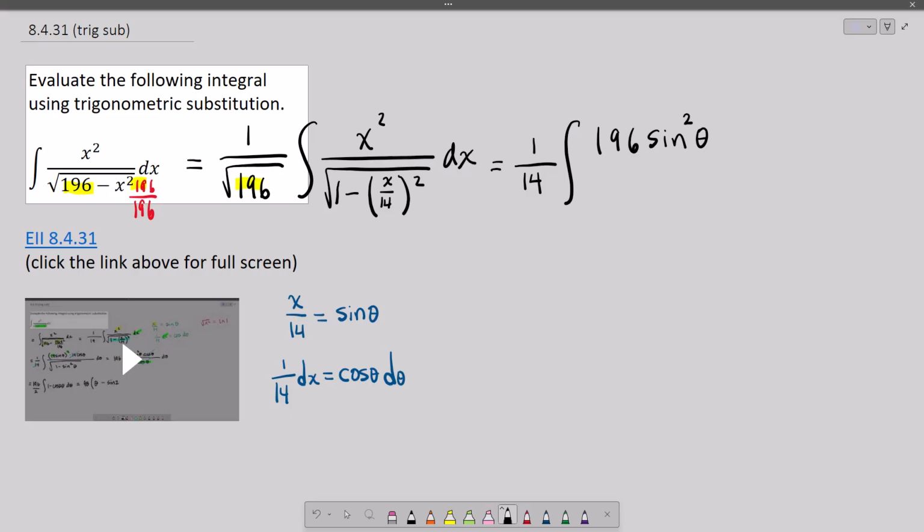And then we look at the dx. For dx, we come down here, multiply both sides by 14. That's going to be 14 cosine theta multiplied by d theta. And in the denominator, we have the root of 1 minus sine squared.